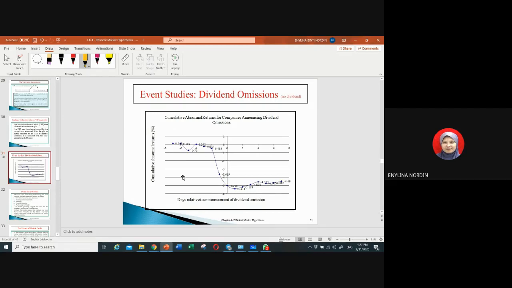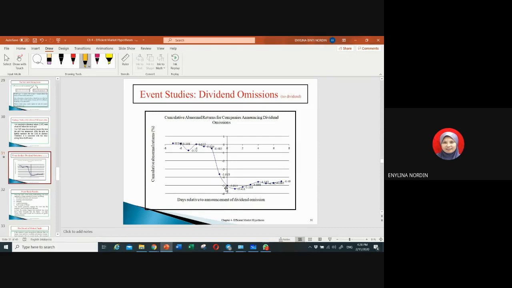They found that before the announcement day, where the announcement day is zero, the stock price is moving within this range. But after the announcement is made on the announcement day itself, we found that the stock price what?